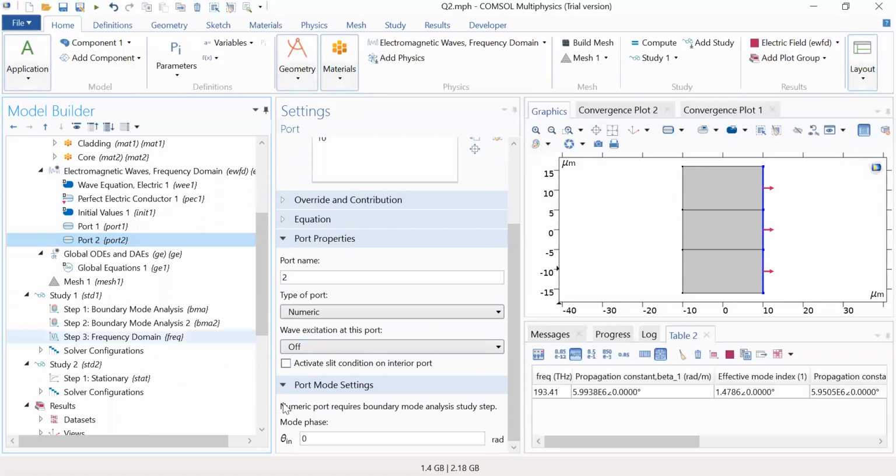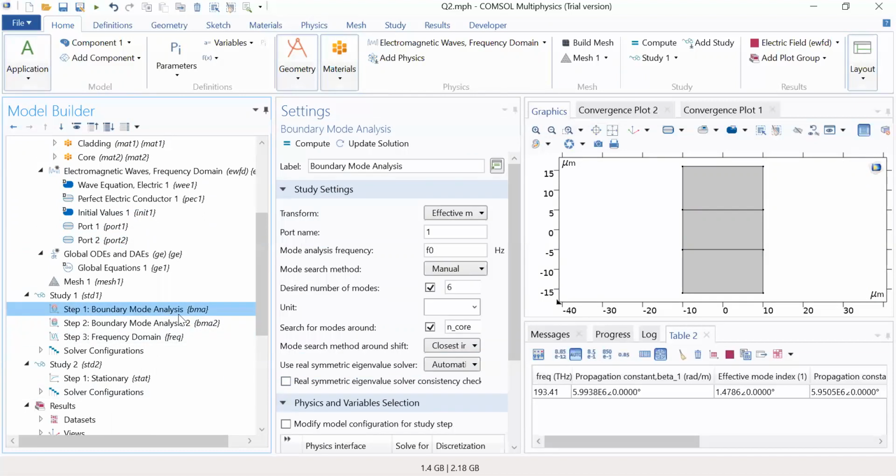We have defined the input port and output port, and now we go to the boundary mode analysis, in which we select how many modes we have to work on. We choose this as an effective mode, defined for mode 1 for the first port.